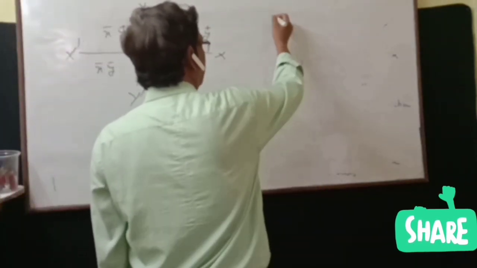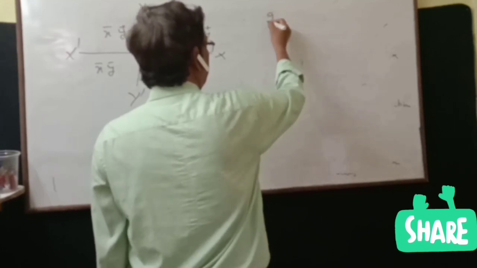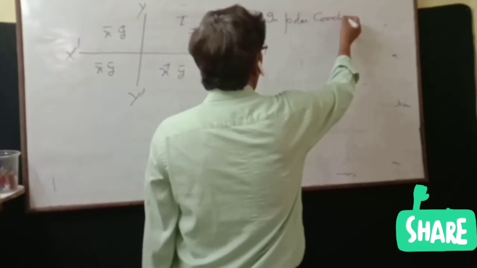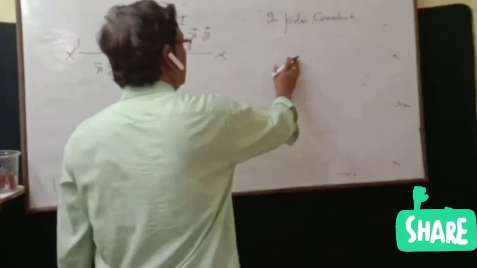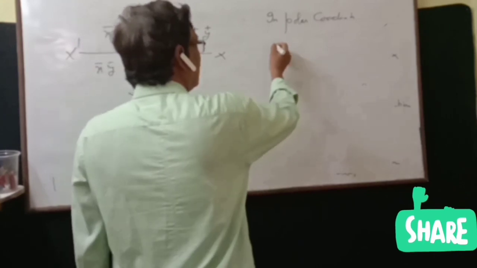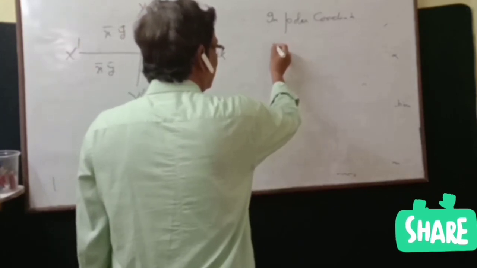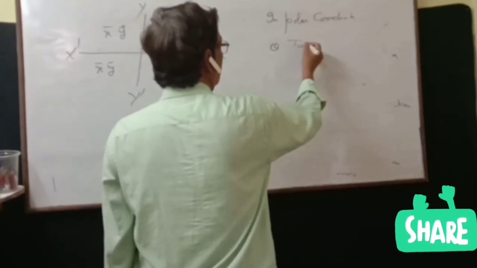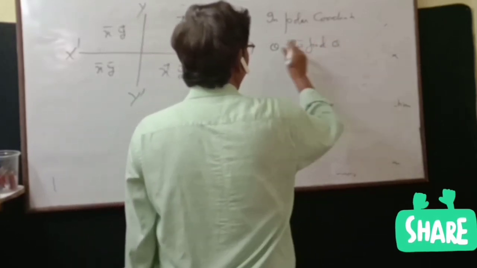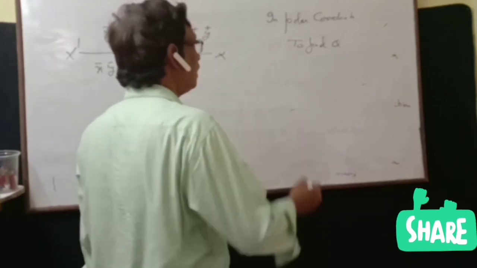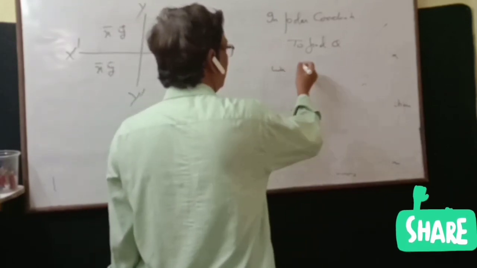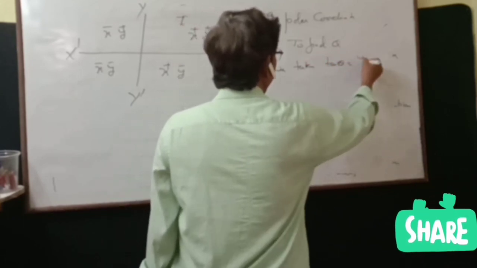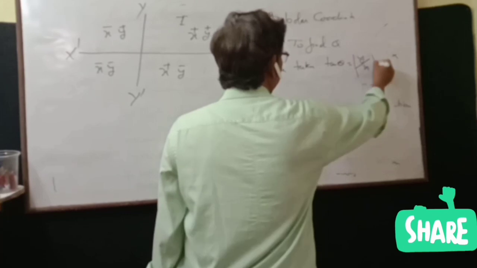For taking theta in polar coordinates, to find theta we take tan theta equal to the modulus of y by x.